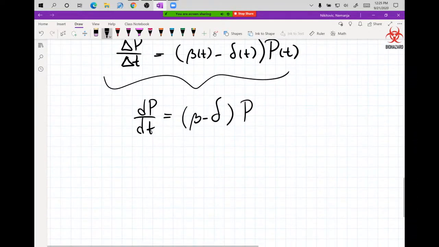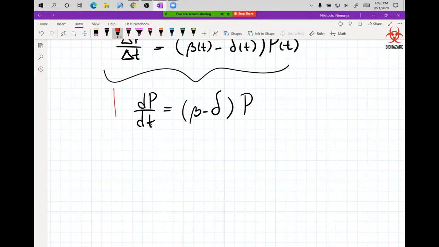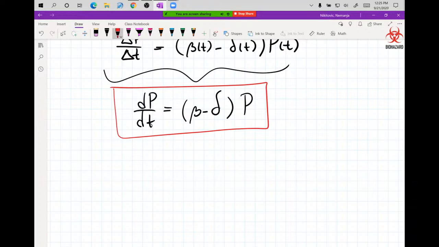So now this mess translates into dp/dt equals beta minus delta times p. This is the differential equation we want to consider, which says that the change in population in time is proportional to the product of births minus deaths times the current population. Obviously, without the current population you can't have births, because those units have to give you new units. There will be no deaths either, because those are the units who die.